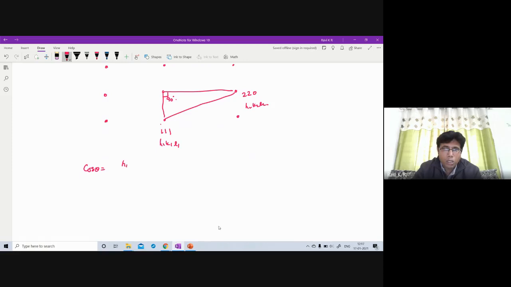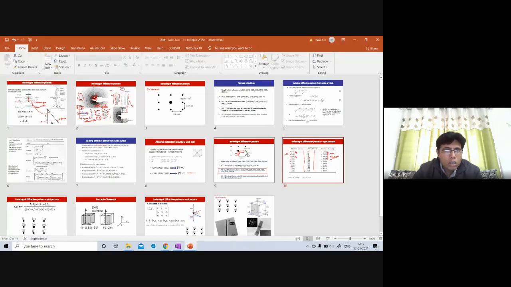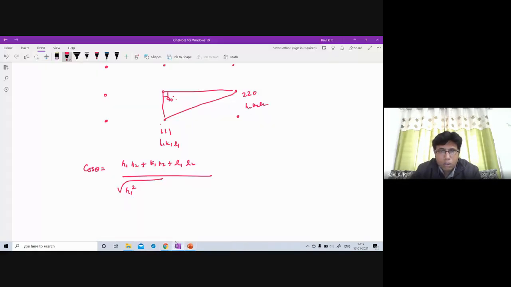Okay, that means h1 into h2 plus k1 into k2 plus L1 into L2, divided by root of h1 square plus k1 square plus L1 square, into root of h2 square plus k2 square plus L2 square. Okay. So now what you have to get is, what is cos 90?